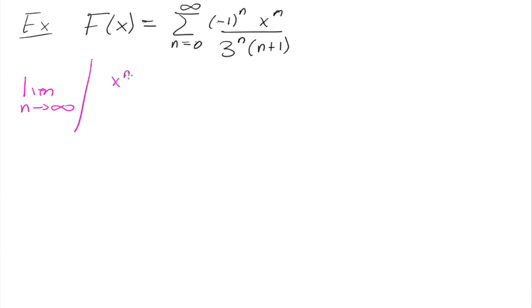Okay, I'll help you out. x^(n+1) over 3^(n+1) times (n plus 2). Notice I removed something. What did I remove? Why did I remove that? We're in an absolute value, right? So I can just take it out for now. It's still part of the series, but right here we're looking for absolute convergence, right?